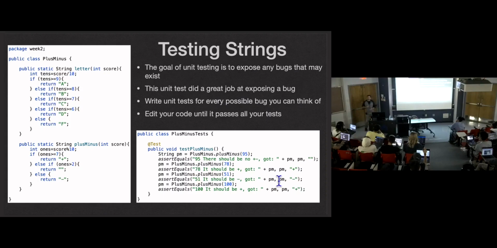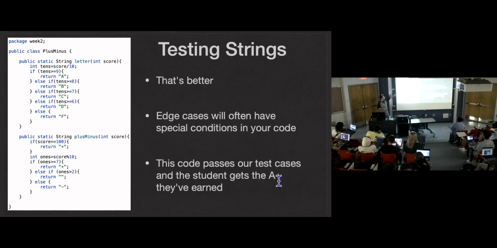So our test case job is to identify the bug, expose the bug, and then we can go into our code and fix that bug. So you're writing test cases for any bug that you can think of that might appear, running your tests. If the test fails, you go back to your code, you fix your code, you make sure you take care of that case, run your test again, hopefully it passes.